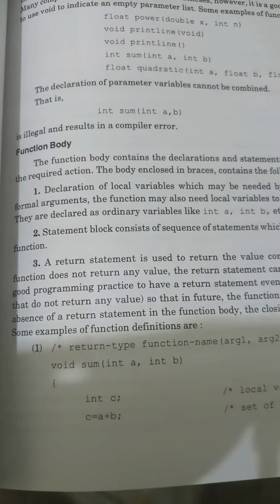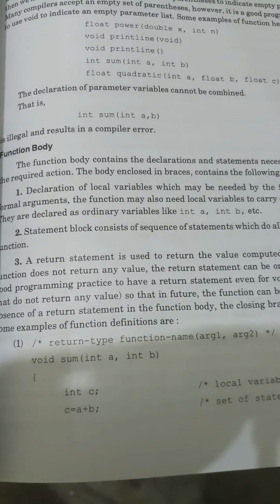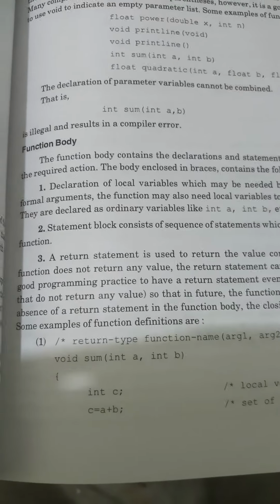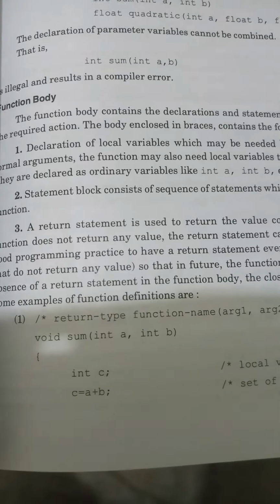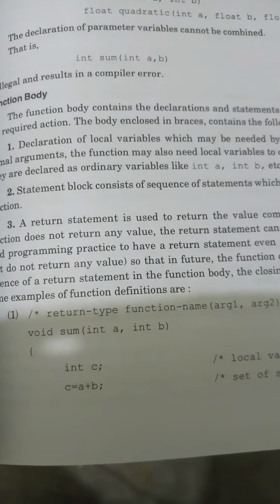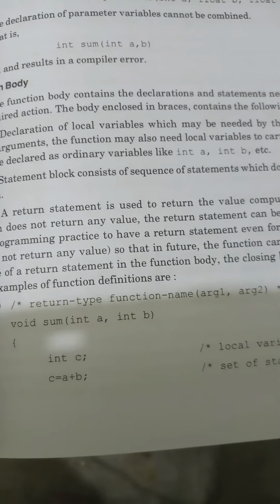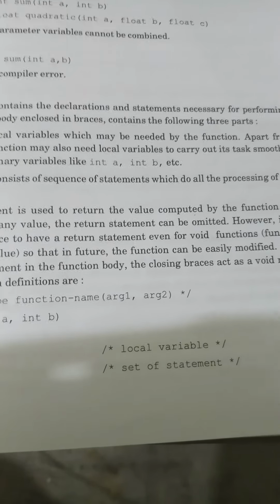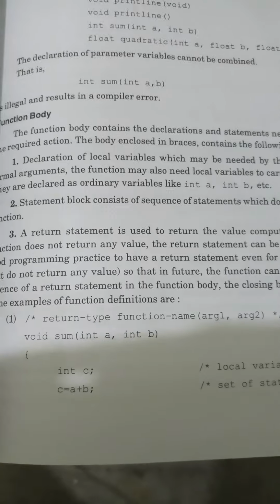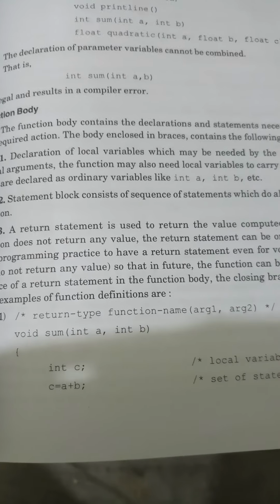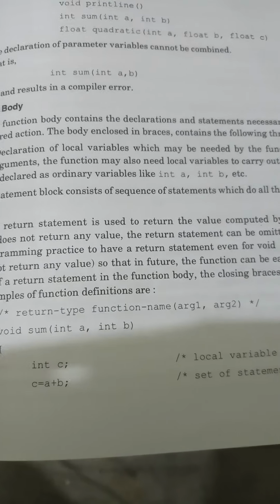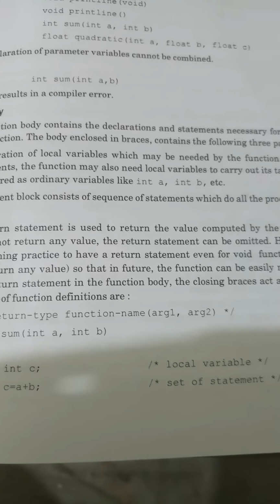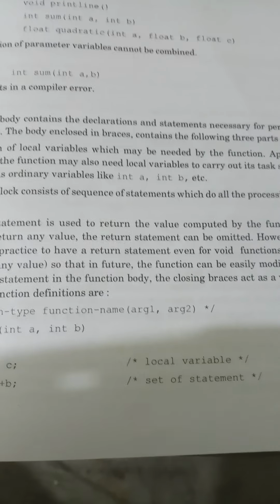Some examples of function definitions are: one, comment line, return type, function name, argument 1, comma, argument 2.